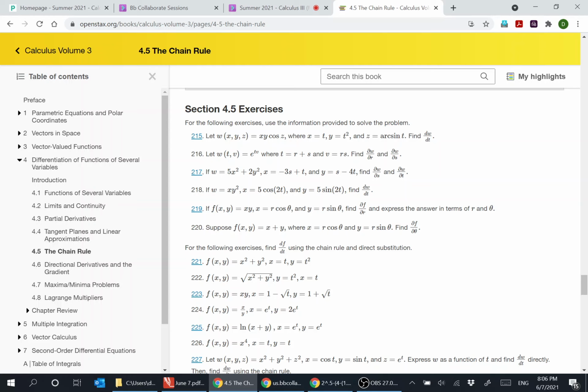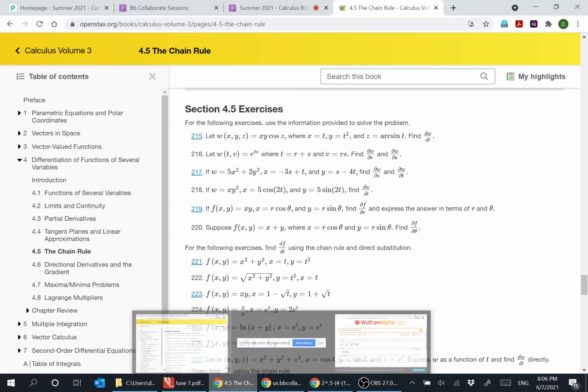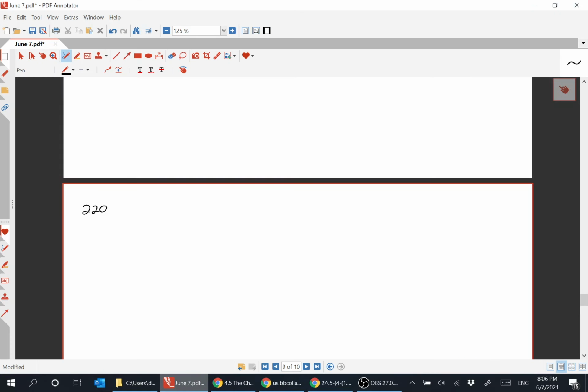So f(x,y) is x plus y, and then you have x equals r cosine theta, y equals r sine theta. So this is the translation to polar coordinates, or to cylindrical coordinates.